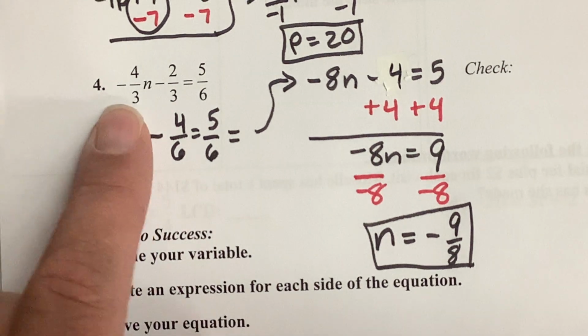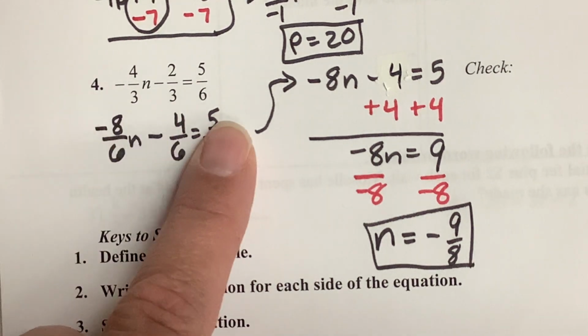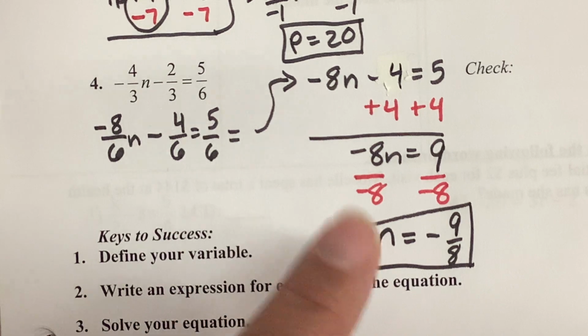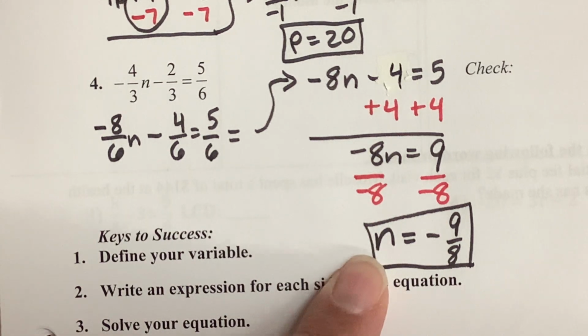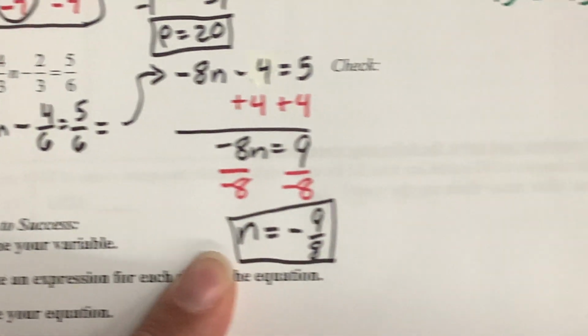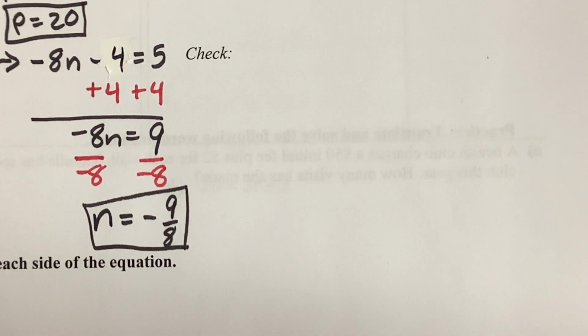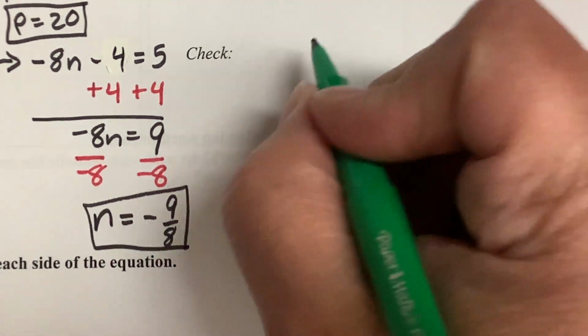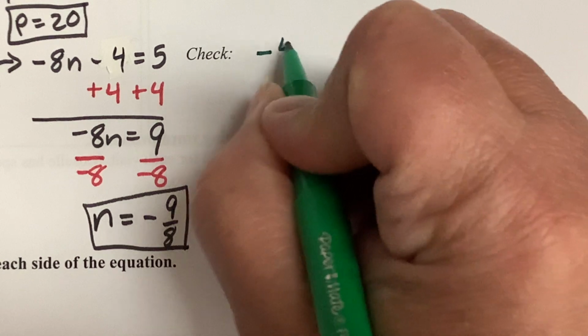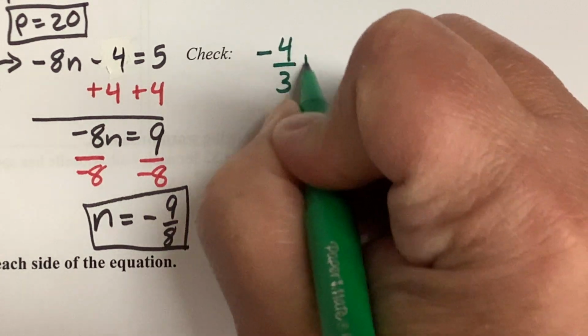I'm going to go back to my original problem with my original denominators, and instead of n, I'm going to put in parentheses -9 over 8. So here's my check. I had negative 4 over 3 n.